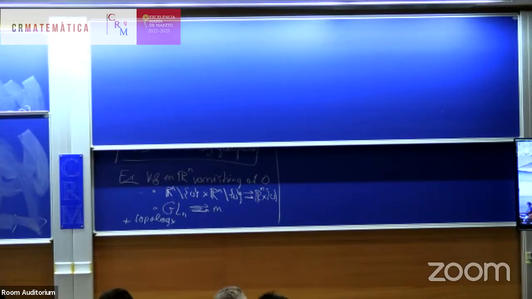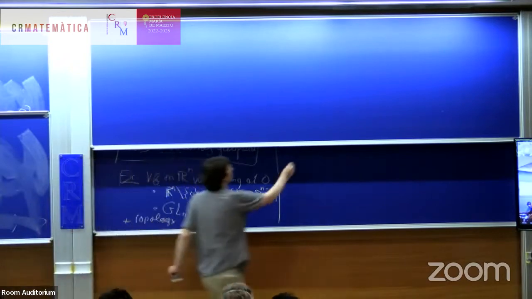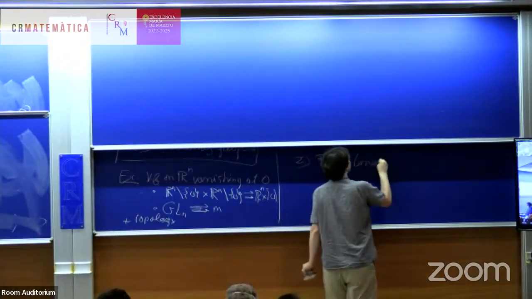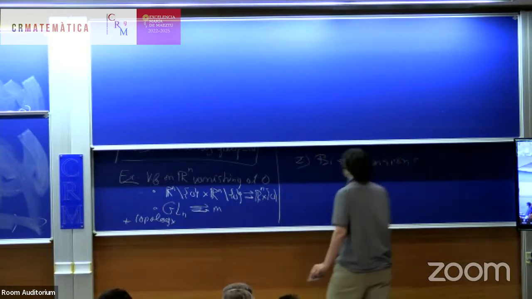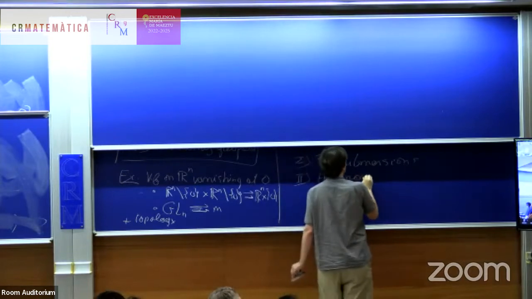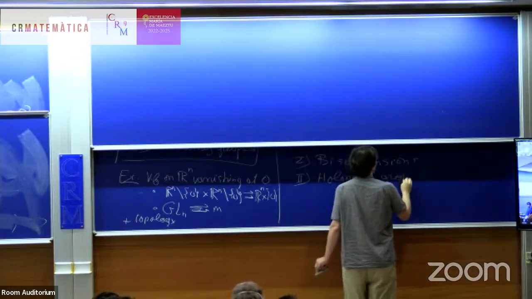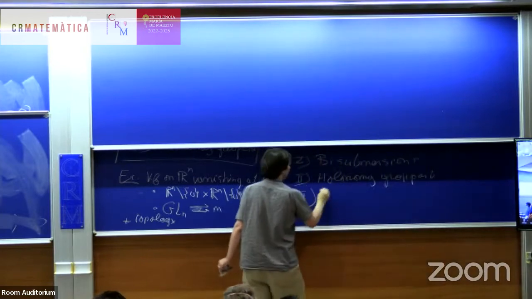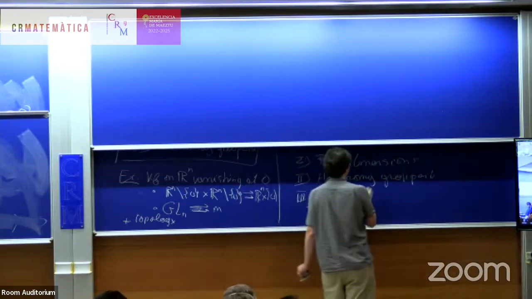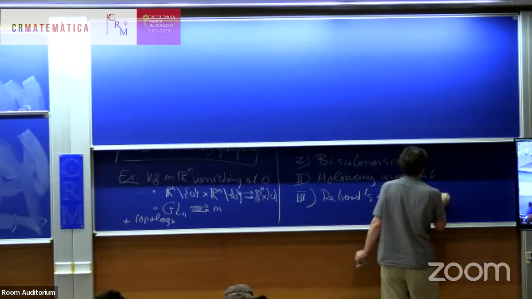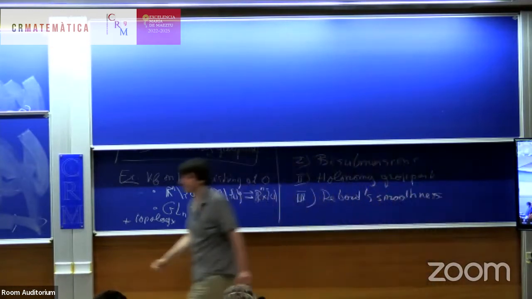So I'm going to do three things. Bisubmersions, then restriction of the holonomy groupoid, and I will give the theorem by Claire Debord about relative smoothness of these groupoids.